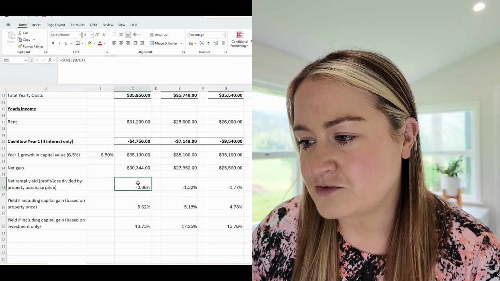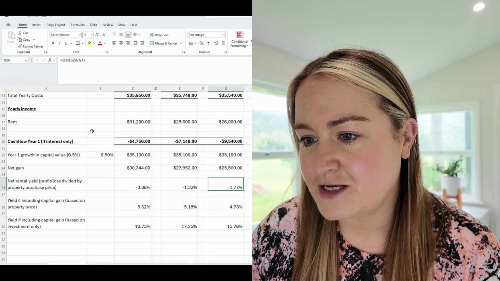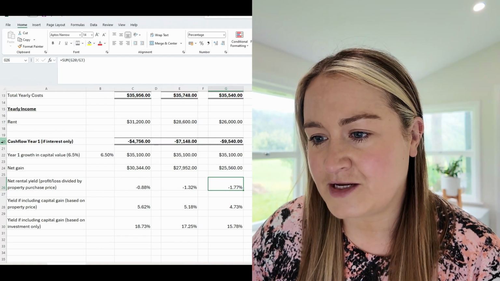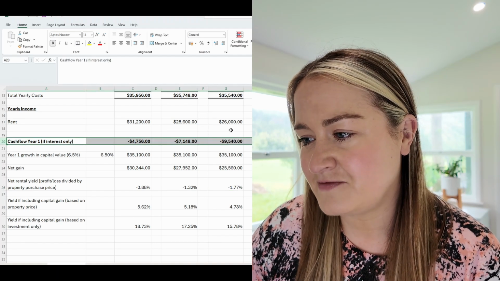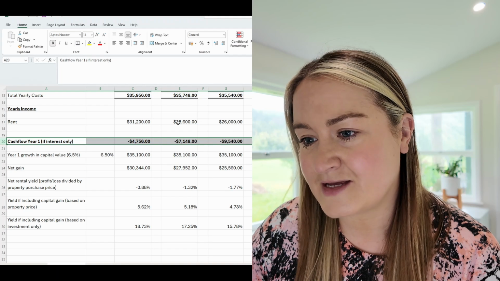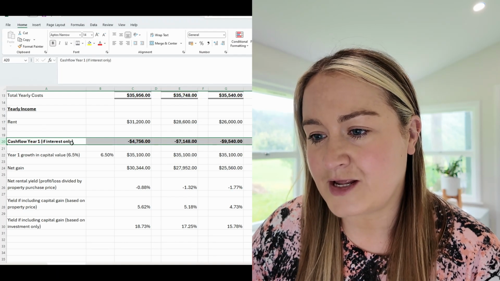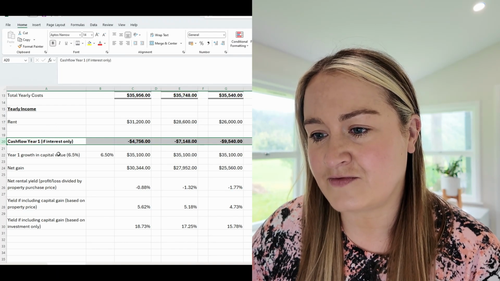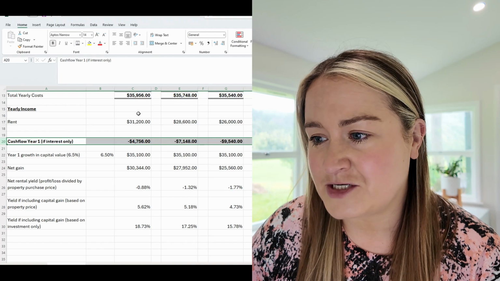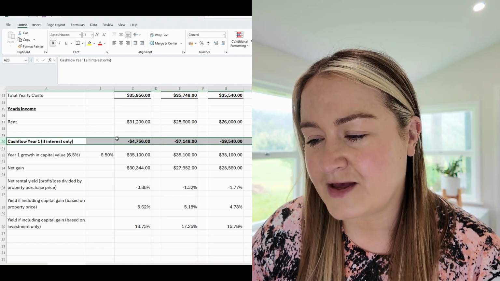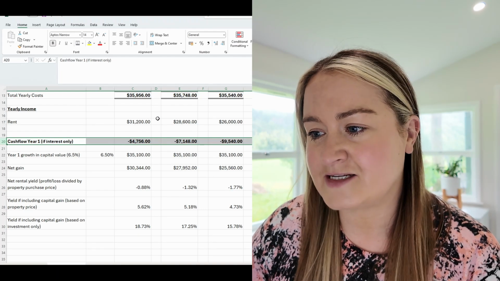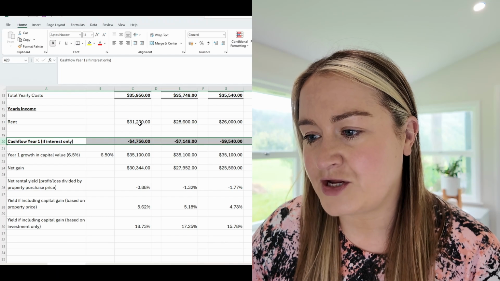So these are all negative, obviously, because the cash flow in year 1 is negative. It will continue being negative if we keep on interest only, and if the rental amount achieved per week doesn't go up, then we're going to keep seeing a negative cash flow year on year.